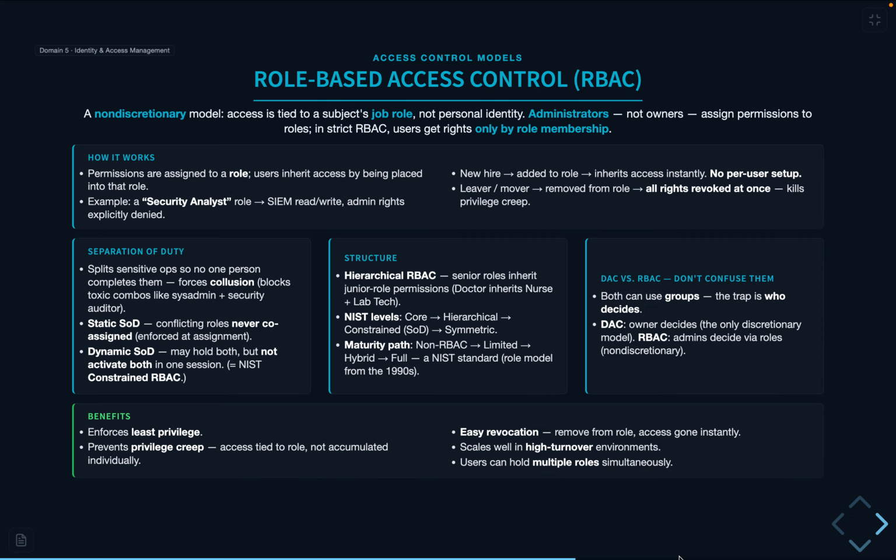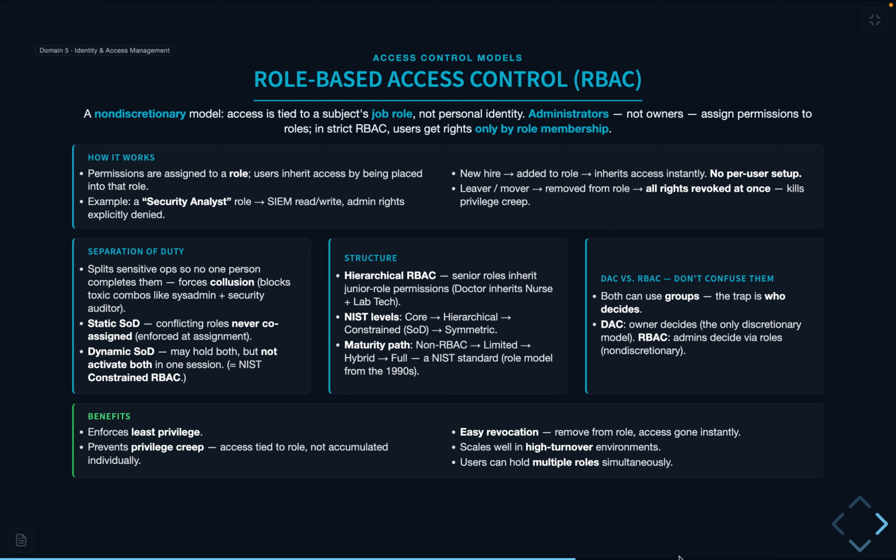In the discretionary access control model, the rights are assigned to individuals, therefore there is a risk of privilege creep, but not in the role-based access control model. Then revocation is easy: remove the person from their role and his access is gone. Therefore it is very scalable in high turnover environments, and a user also can hold different roles simultaneously.